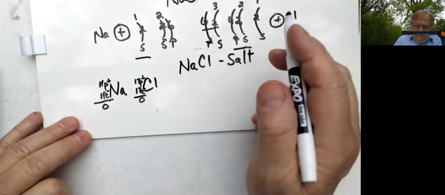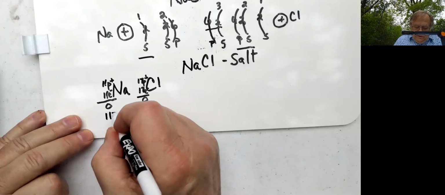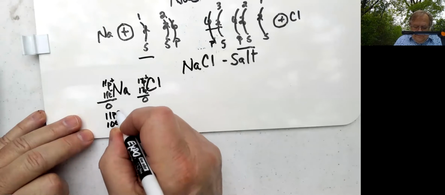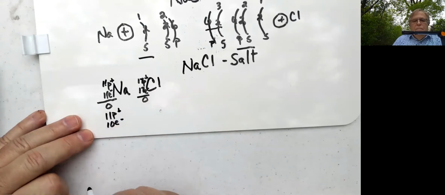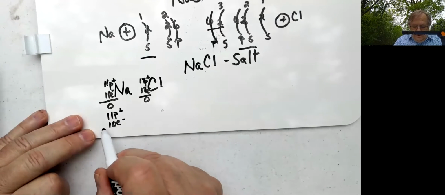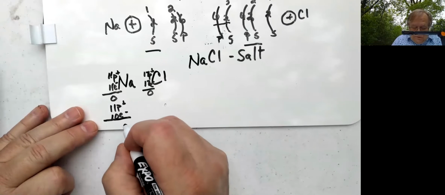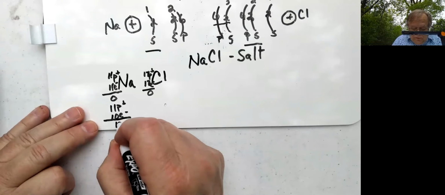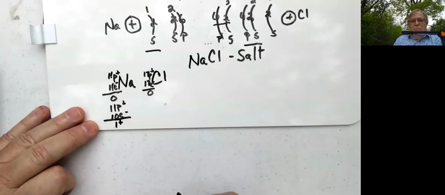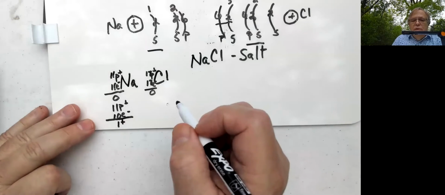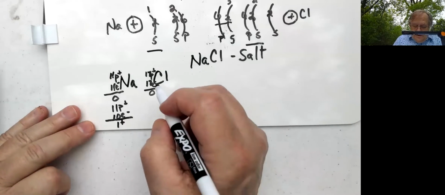We now have 11 protons and 10 electrons. Okay, electrically and mathematically, that's going to add up to positive 1. On the other side, we've got 17 protons and 17 electrons.